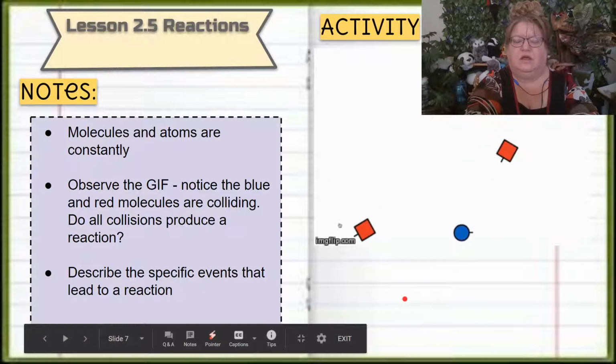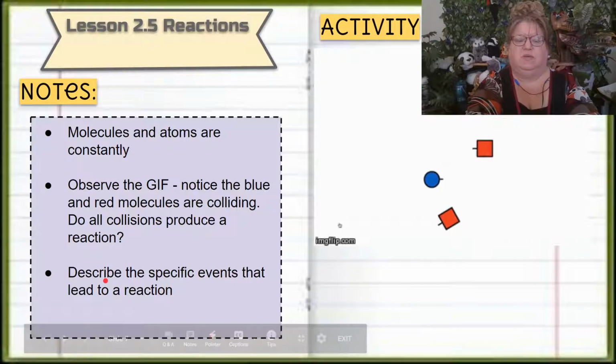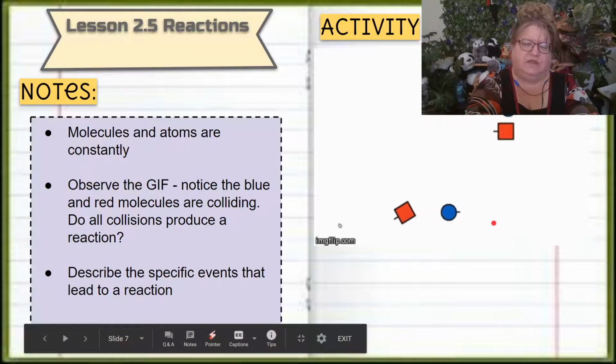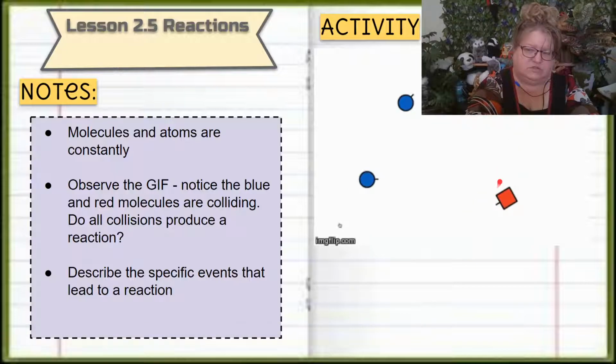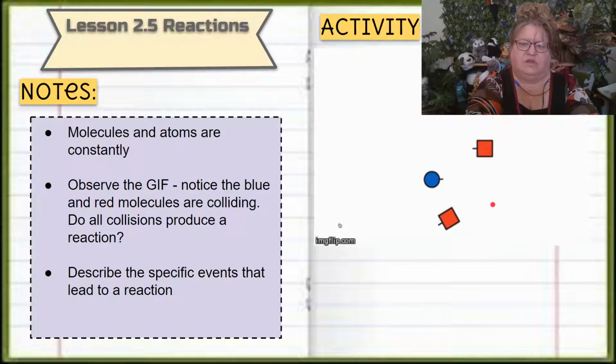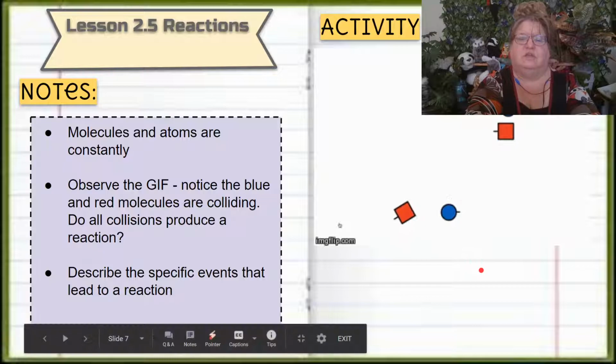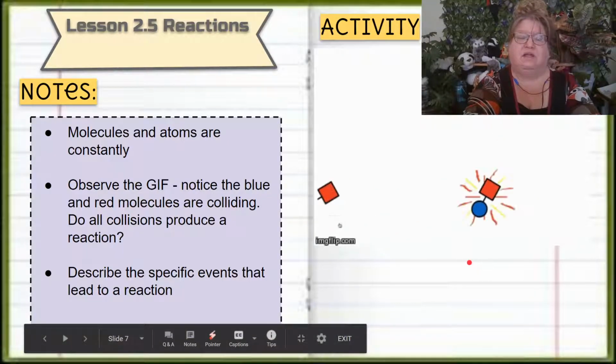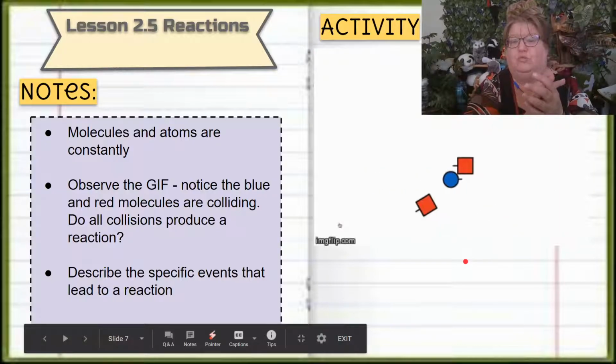So hopefully, as you hit pause, you'll be able to do that, describe the specific events. What you should be thinking about is it's only when those molecules are actually facing one another and those two black lines are towards each other that a reaction can actually take place. And that's what we really want to hammer home.